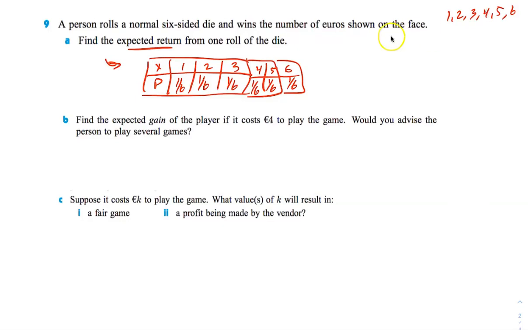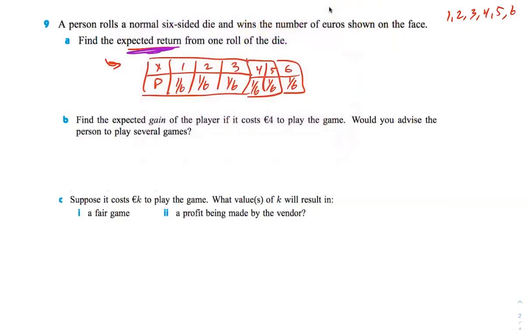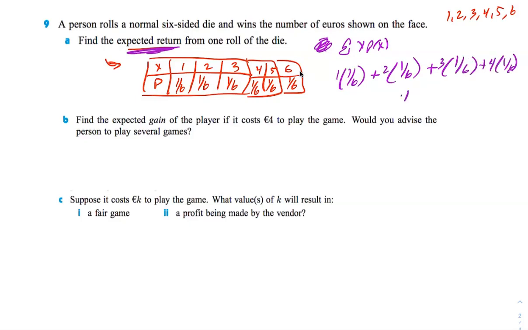And then to find the expected return, that's the expected value, the sum of x times p of x. All we're going to do is multiply these together and add them all up. So 1 times 1/6, plus 2 times 1/6, plus 3 times 1/6, plus 4 times 1/6, 5 times 1/6, plus 6 times 1/6.